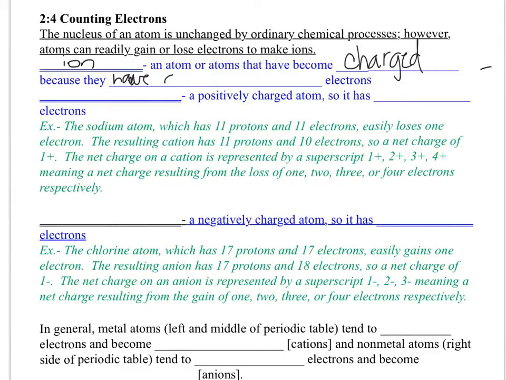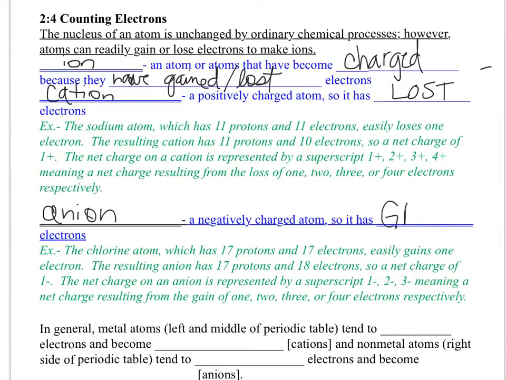You've got two versions here. You've got a cation, that is a positively charged atom, so it has lost electrons. And then you've got an anion, which is a negatively charged atom, so it has gained electrons.